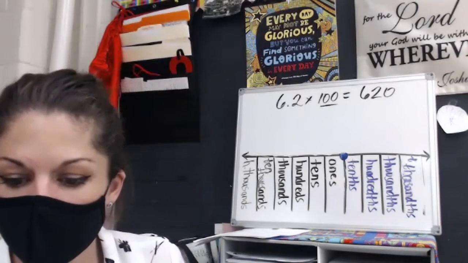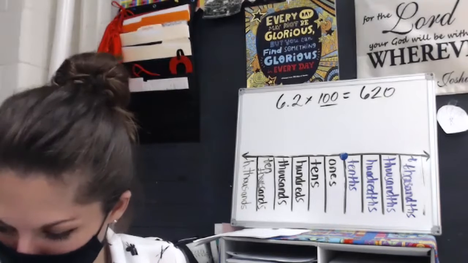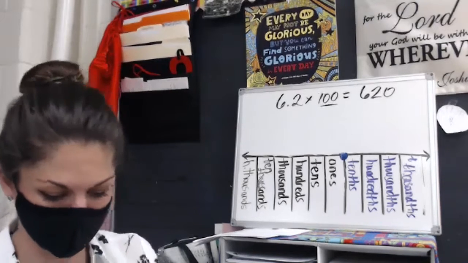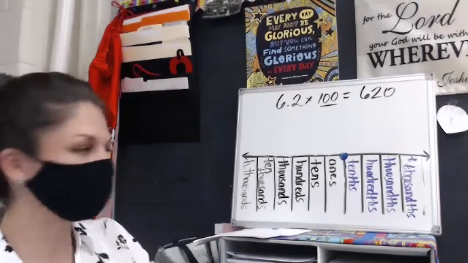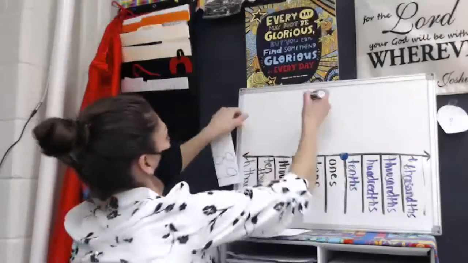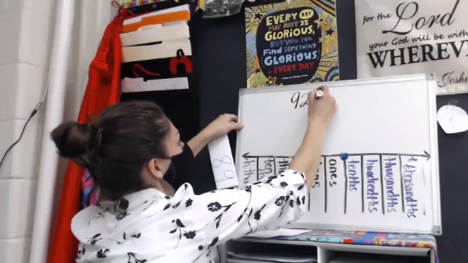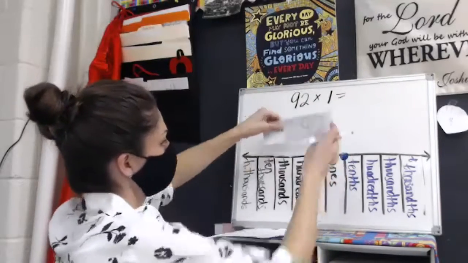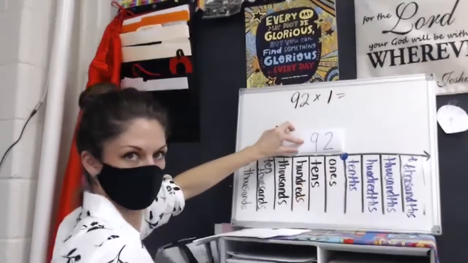All right, next one, 6 and a 4. Oh, this one's interesting. A 6 and a 4. That's a 92 times 1. What's 92 times 1? 92.